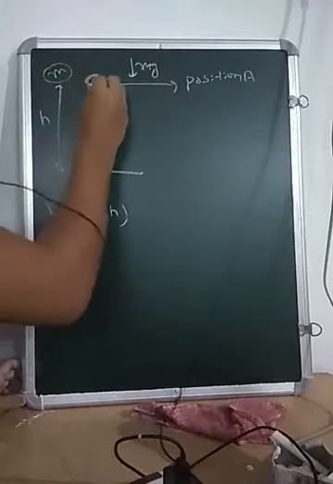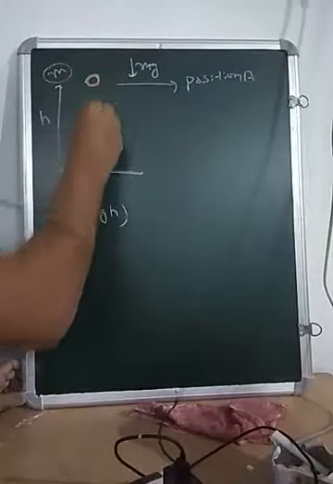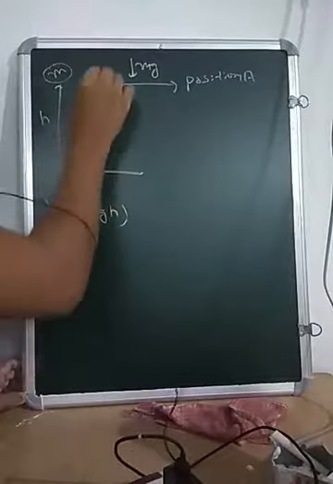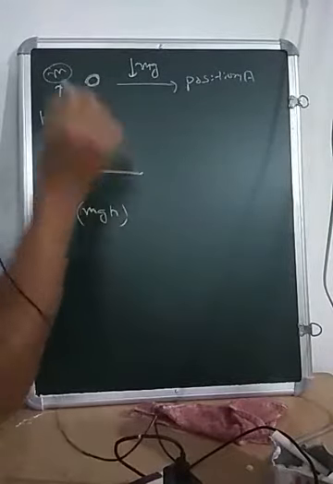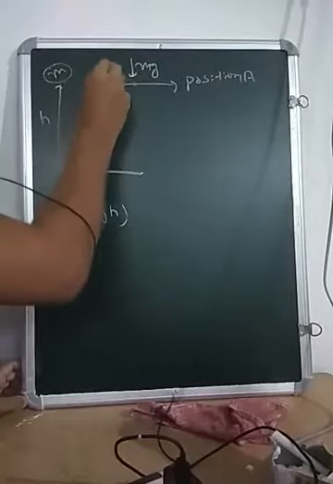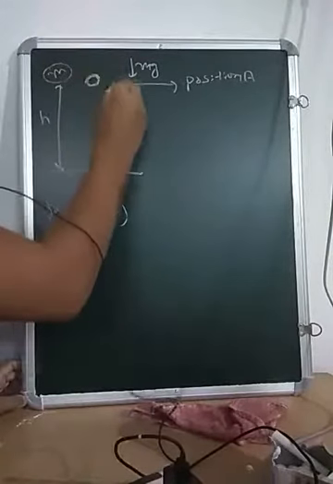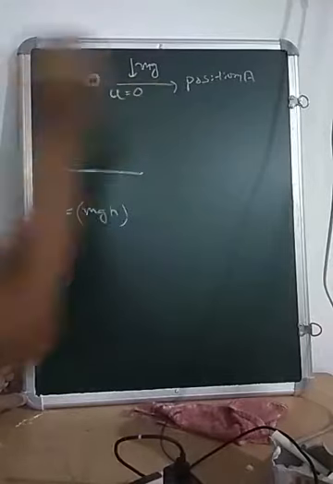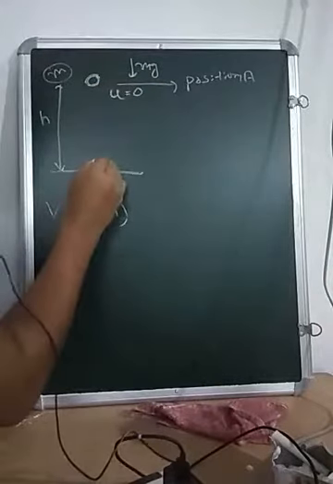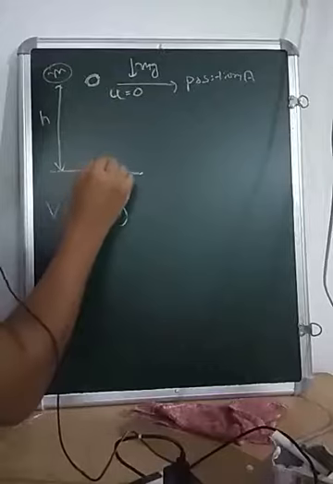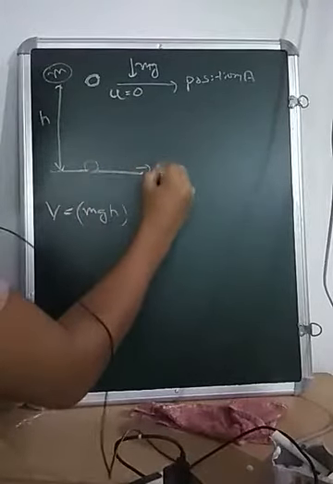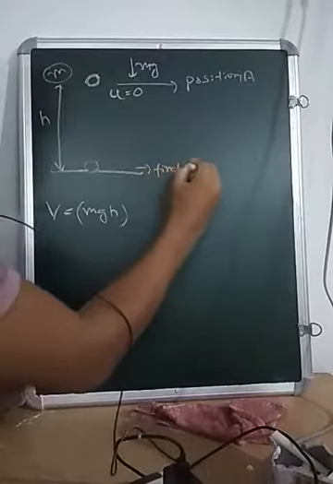It will fall to the ground and strike it with some velocity. When we release the object, its initial velocity u is how much? Suppose u is 0. After some time it hits the ground. So this is the final velocity. Final velocity is how much?